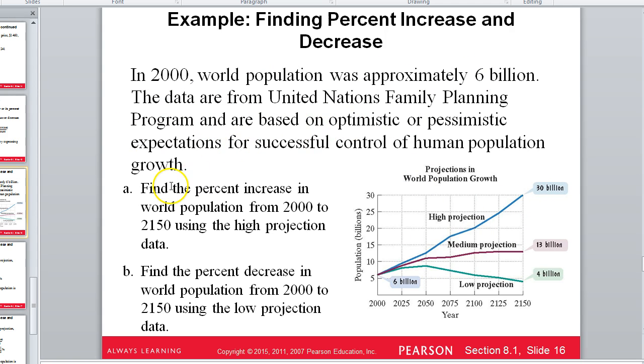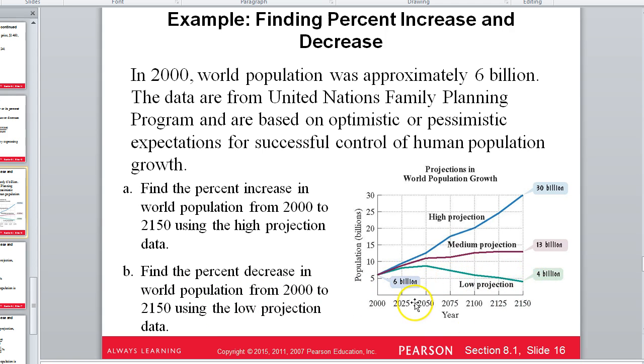All right, find the percent increase in world population from 2000 to 2150, which is over here, using the high projection data. So we're down here at 6 billion up to 30 billion, and then find the percent decrease in world population from 2000 to 2150 using the low projection data. Notice it actually went down.